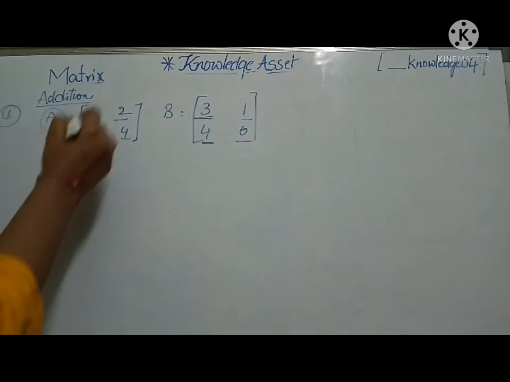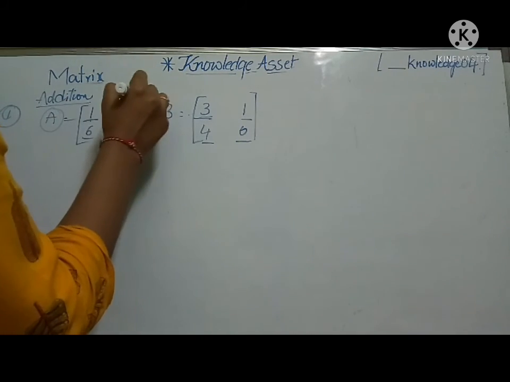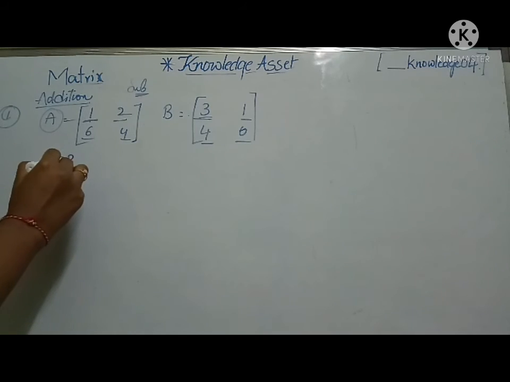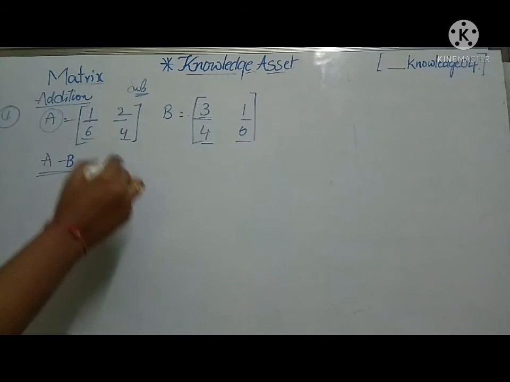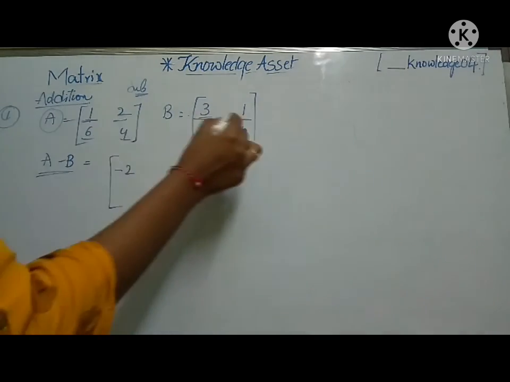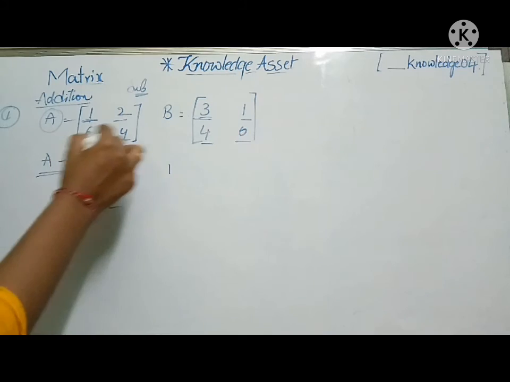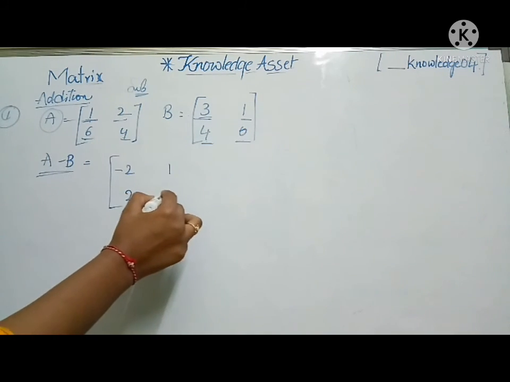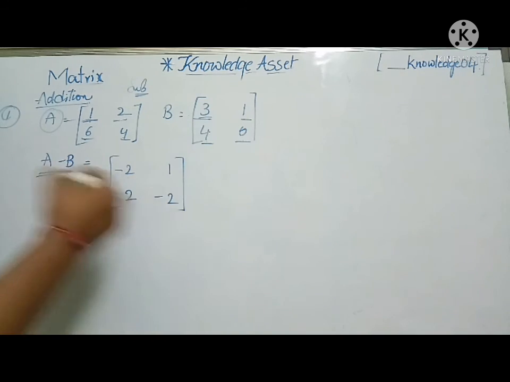Now subtraction is also done in a similar way. Let us do subtraction with the same example. So subtraction is also similar to addition. A minus B is 1 minus 3, which is minus 2, 2 minus 1 is 1, 6 minus 4 is 2, and 4 minus 6 is minus 2.